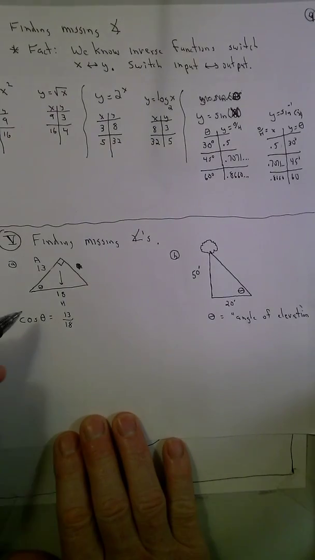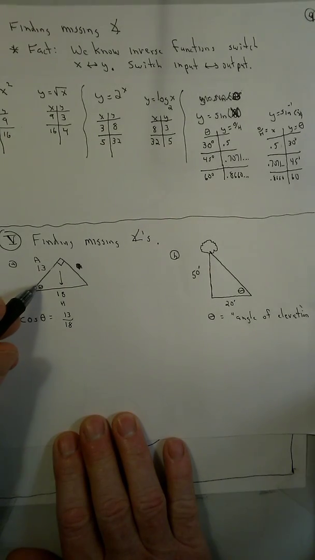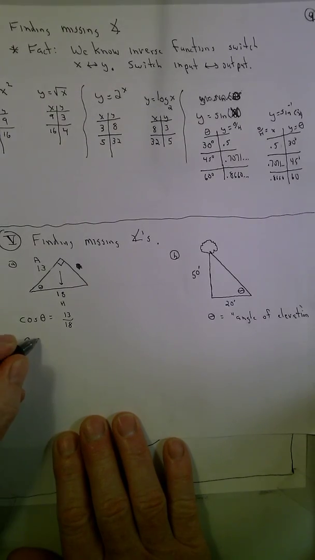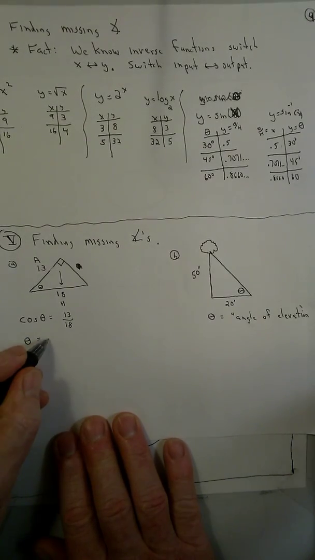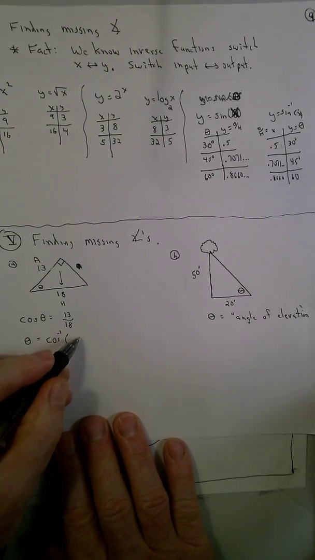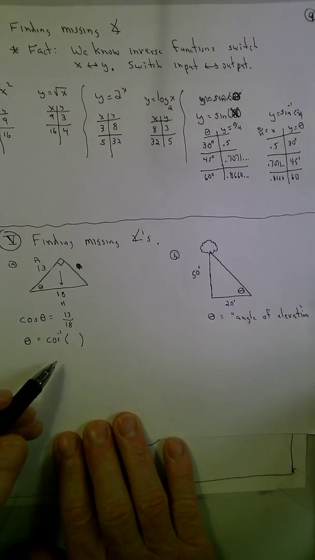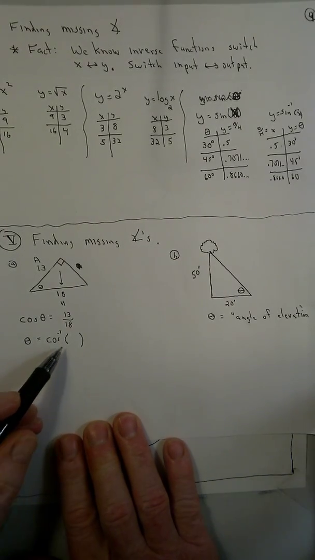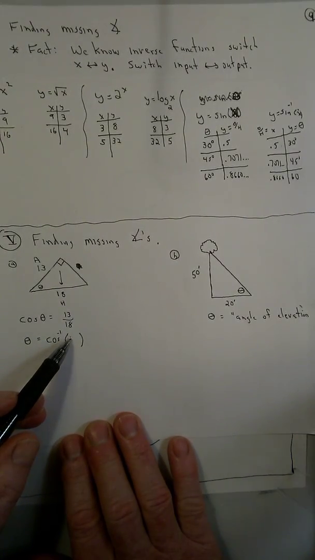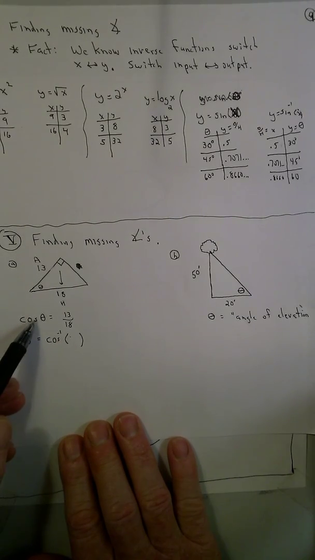Now you can go right from this, knowing you want to find an angle. Say, okay, to find the angle, I use the inverse cosine. Now the inverse cosine needs the fraction that would give me the cosine of the angle.